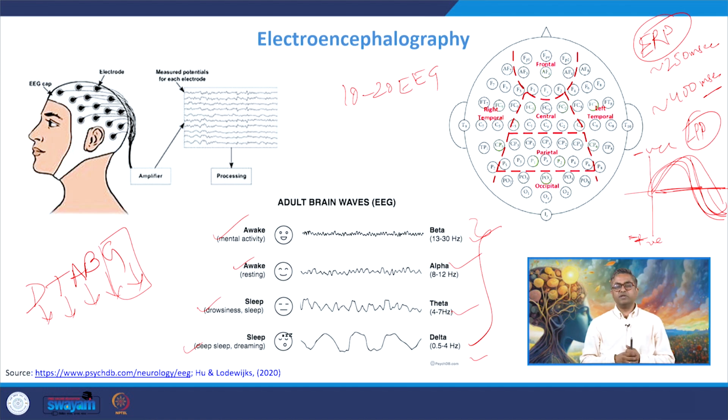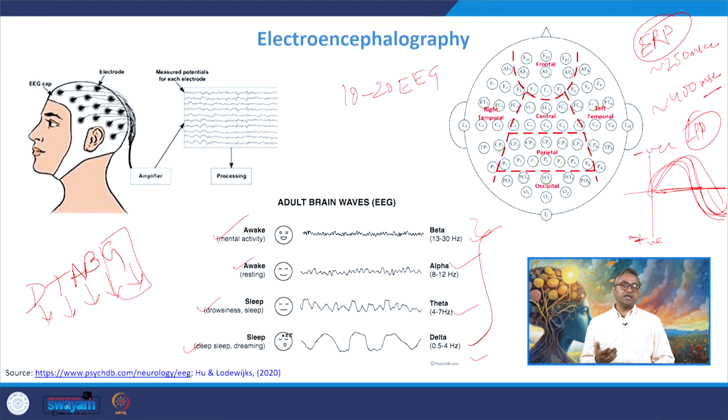Human brains are different for different individuals. Some may have a circumference size of 54 centimeters, some 50 centimeters, some 60 centimeters. So once you have the total circumference, then you can divide this circumference into 10 or 20 percent.